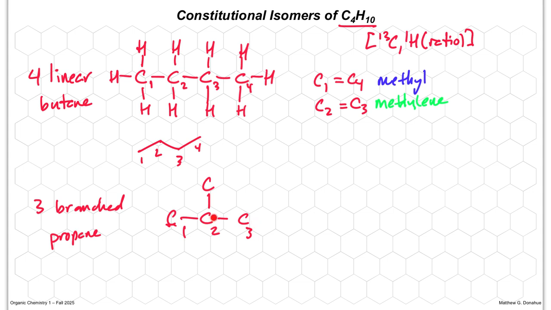And then this one has 1. So there's 2 unique carbons, 2 unique sets of proton, and then what's the ratio of the proton sets? 9 to 1. And you always do the largest number first, the ratio. That's just my way of doing it.